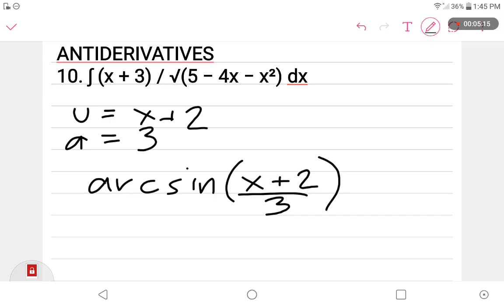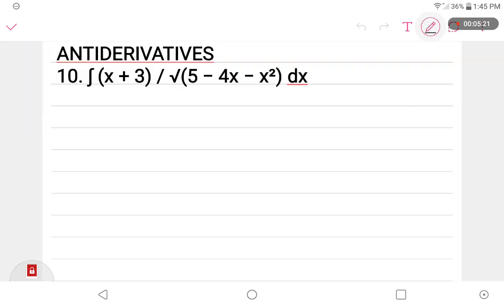So we can combine both results of the first and second integral. This will give us our final answer.